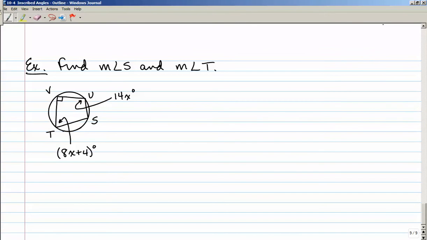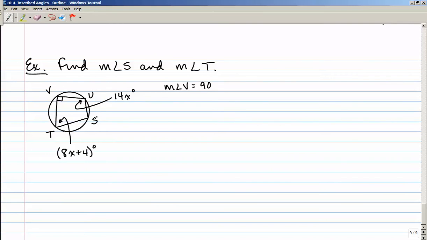This example says find the measure of angle S and the measure of angle T. And here we have quadrilateral STVU inscribed in a circle. We know that angle V is a right angle. So because opposite angles are supplementary, it's given that the measure of angle V is 90.